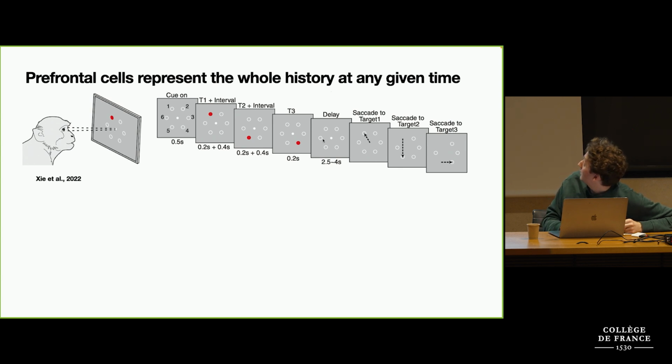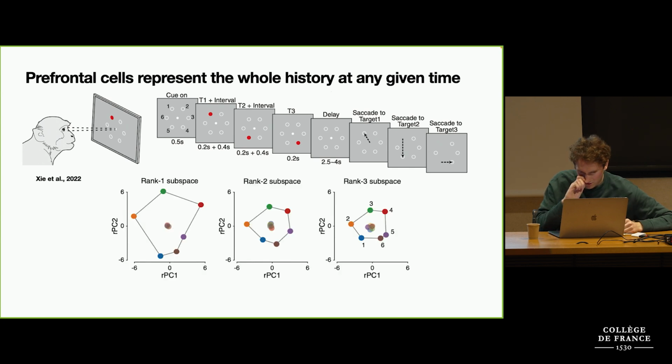And then after a delay period, the monkey just needs to repeat that exact sequence. So in this case, it went 1, 5, 4, and the monkey needs to repeat 1, 5, 4. And of course, the monkey isn't just trained on the sequence 1, 5, 4, it's trained on all combinations of sequences. So it could have had 3, 4, 2, and the monkey would have needed to repeat 3, 4, 2. It just needs to repeat what it's seen.